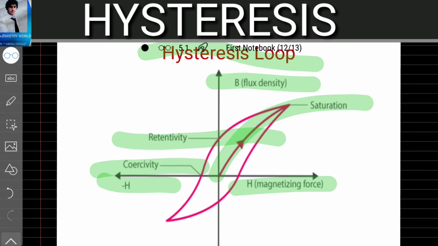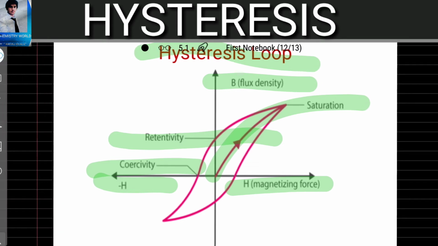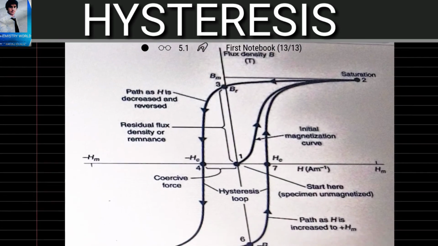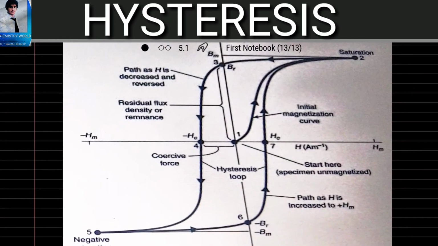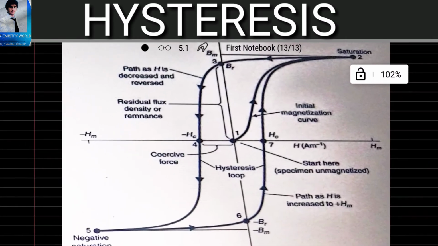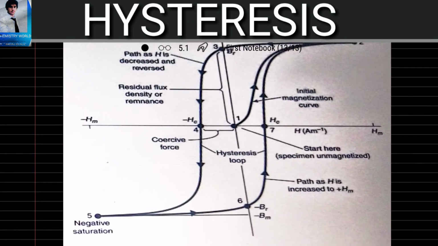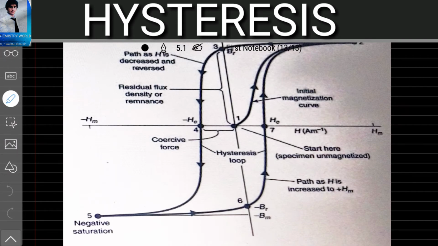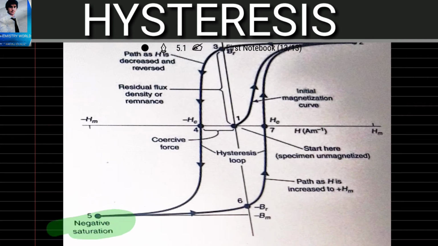So we can make it more clear with another diagram. This is negative saturation and this is positive.